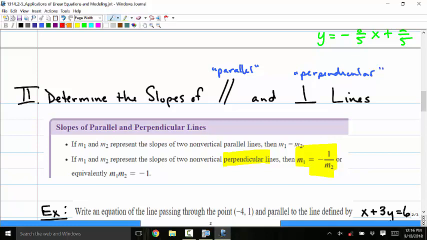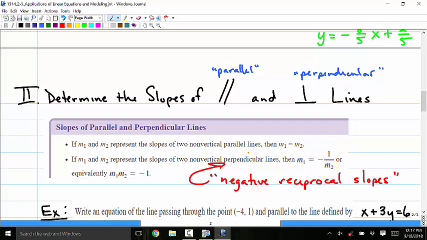I usually don't write it that way. I just say perpendicular lines have negative reciprocal slopes.